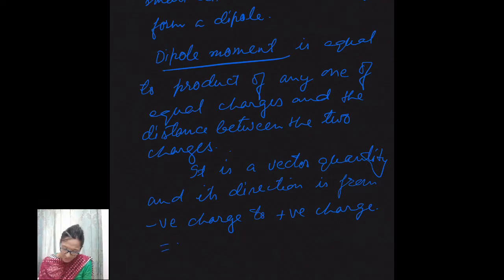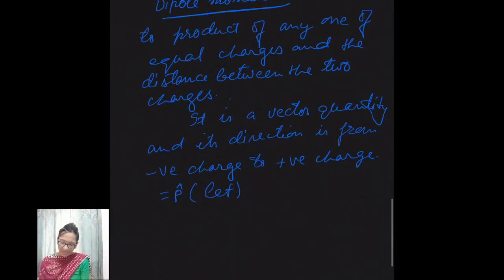Let us assume that the unit vector is P cap, okay.